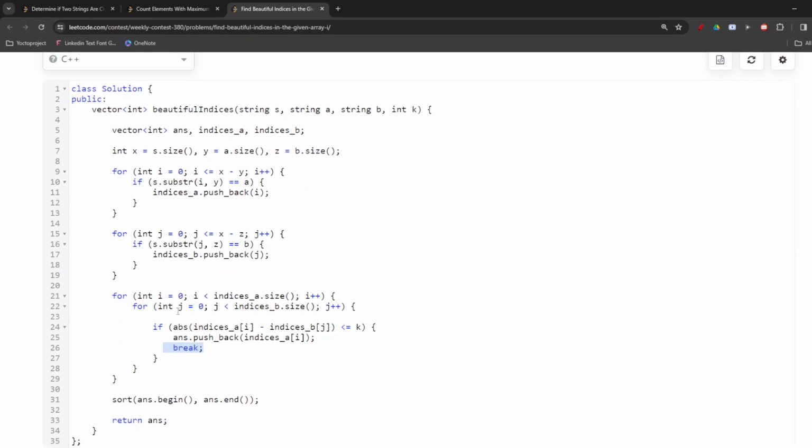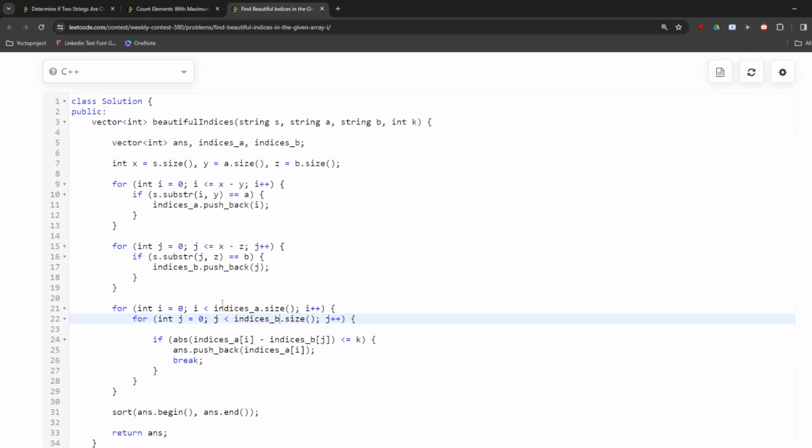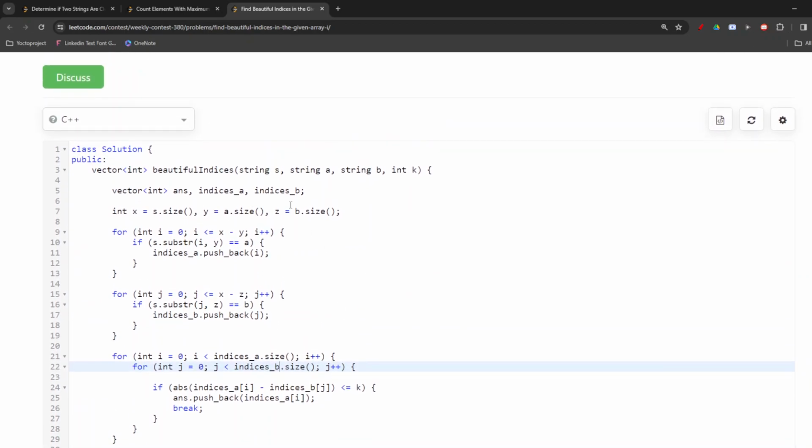Now here we can clearly see that because of sorting it is n log n, and this whole thing is n square in the worst case scenario, meaning the a indices which are there in that context.